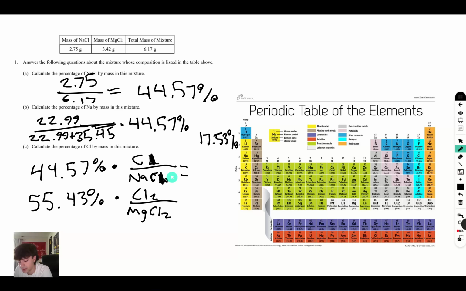So we have 35.45 divided by NaCl, which is 22.99 plus 35.45, and then multiply by 44.57.